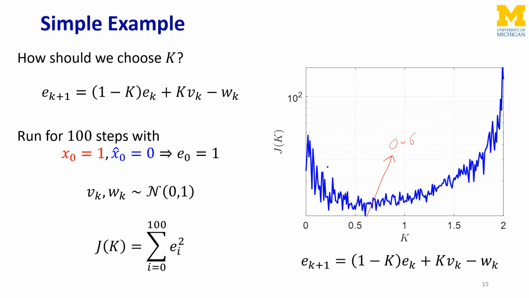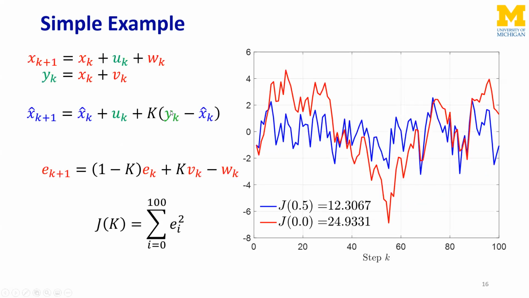So how can we actually find this optimal gain? We don't know yet. Well, we would need a little bit of probability theory to find that out. Anyways, again, in this picture, I'm showing you the errors for two values of k, 0.5 and 0.